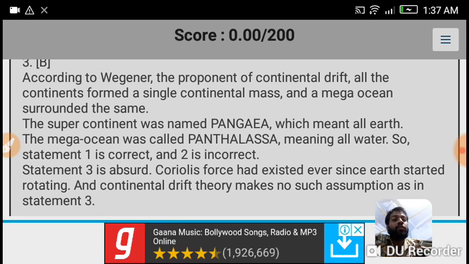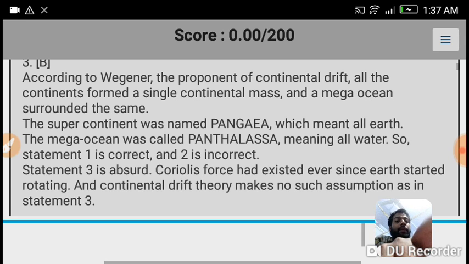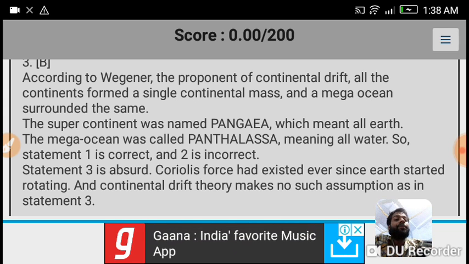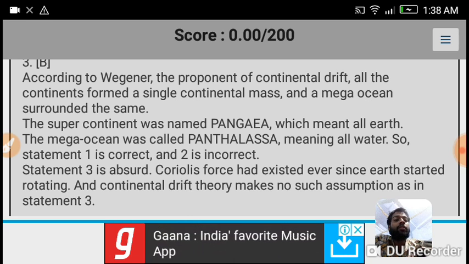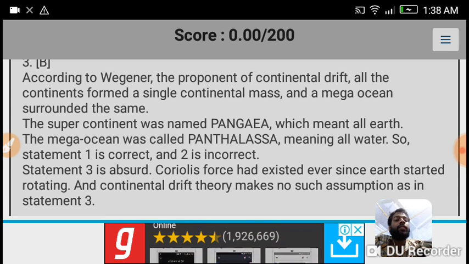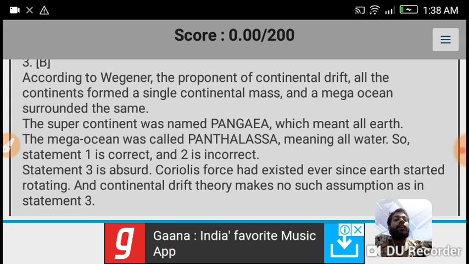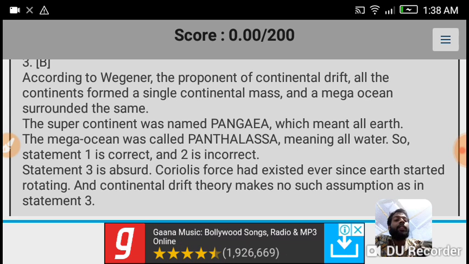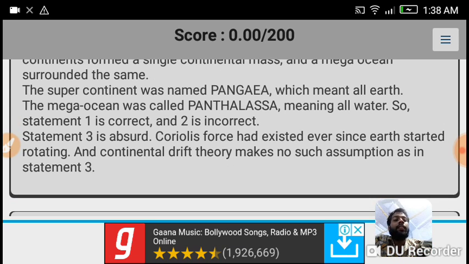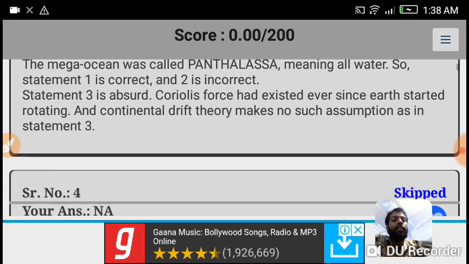The supercontinent was named Pangaea, which means all Earth, and the mega ocean was called Panthalassa, meaning all water. So statement 1 is correct and 2 is incorrect. Statement 3 assumes Coriolis force had existed ever since Earth started rotating, and continental drift theory makes no such assumption. Okay?